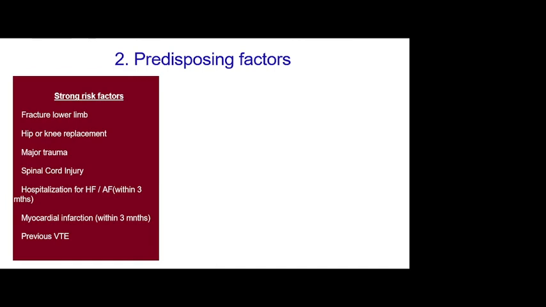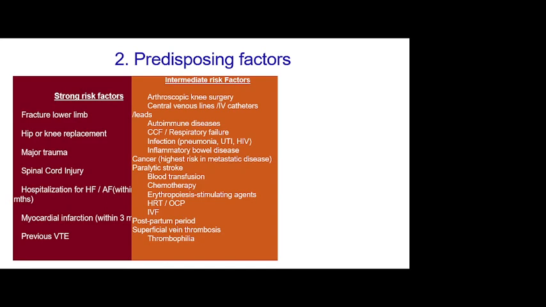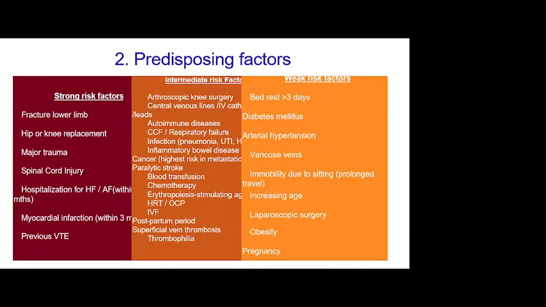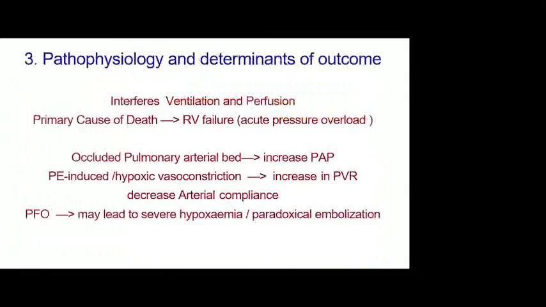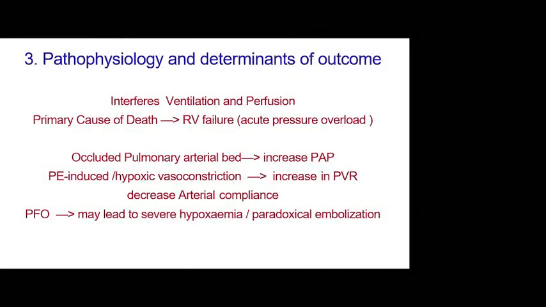Under strong risk factors, fracture of the lower limb, hip or knee replacement or other trauma will come. Under intermediate risk factors, conditions like arthroscopic knee surgery, central venous lines, autoimmune disease, etc. will come. Under weak risk factors, bed rest for 3 days, diabetes, hypertension, and long immobility due to prolonged traveling will come.